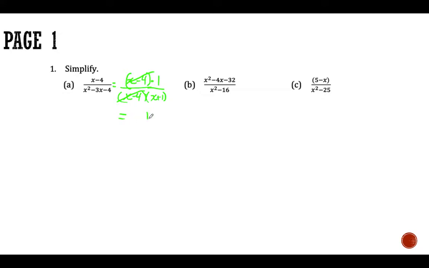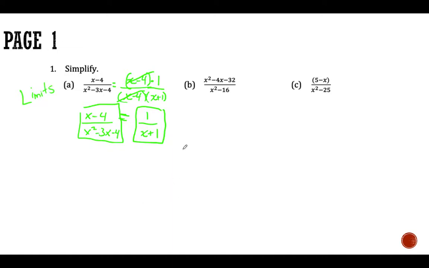So this answers 1 over x plus 1 is a different way to say x minus 4 over x squared minus 3x minus 4. Those two expressions are the same. Sometimes this expression is just fine, but there are other times that I need this expression. And one of those times that you're going to need that is when we do limits.